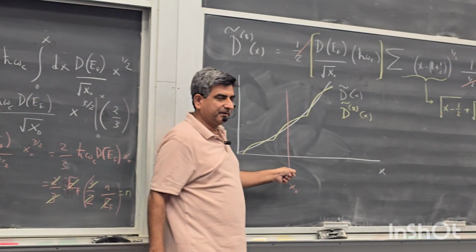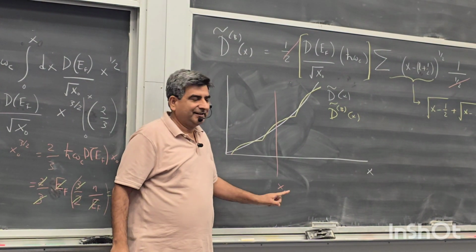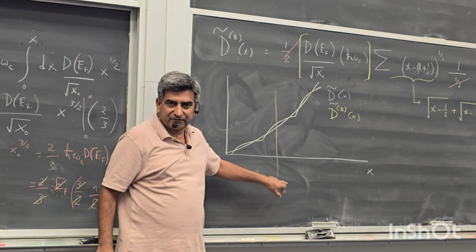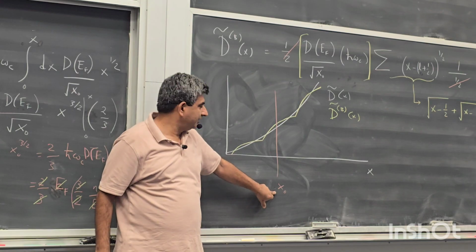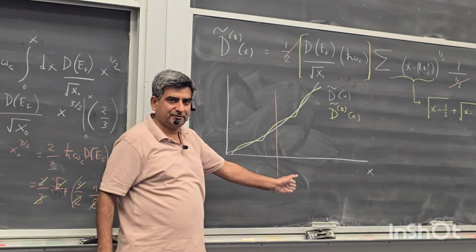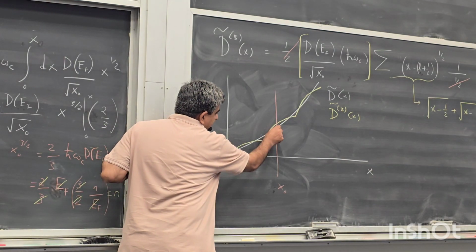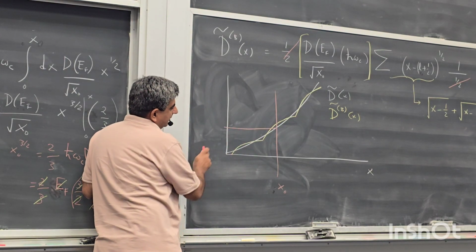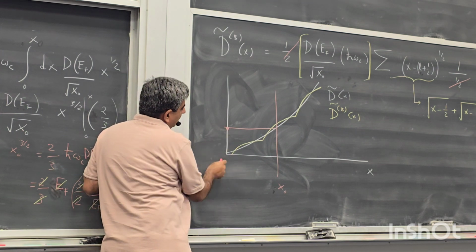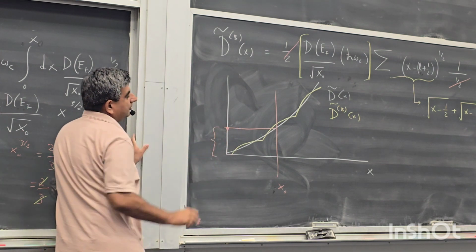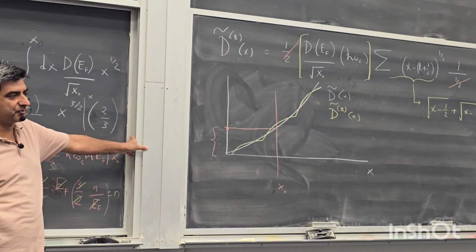Since I have made the variables dimensionless, instead of energy I have x's, and this corresponds to the Fermi level EF naught over h bar omega c. So this is the Fermi level. Now if I look at the white curve in the absence of a magnetic field, this point here, what should this correspond to? What should this ordinate correspond to?